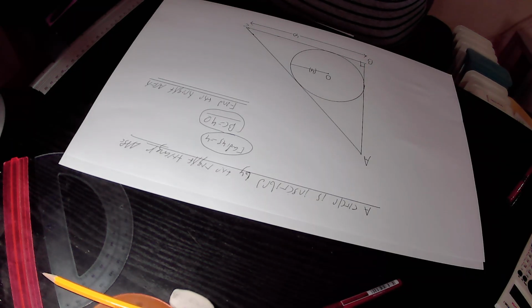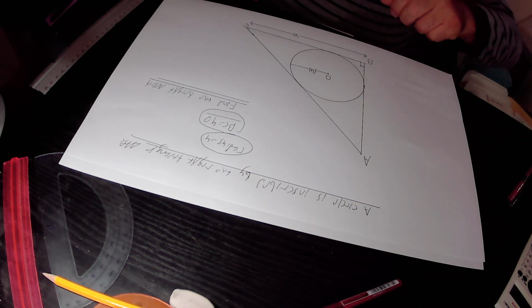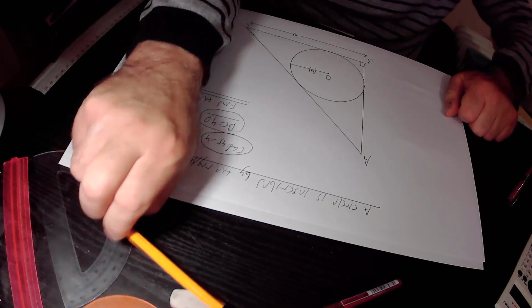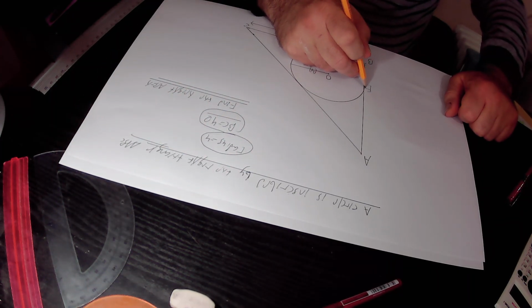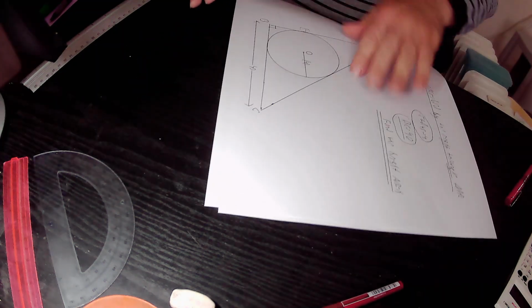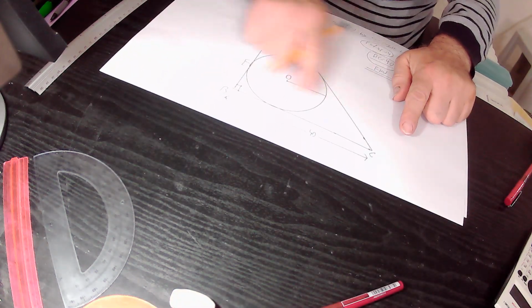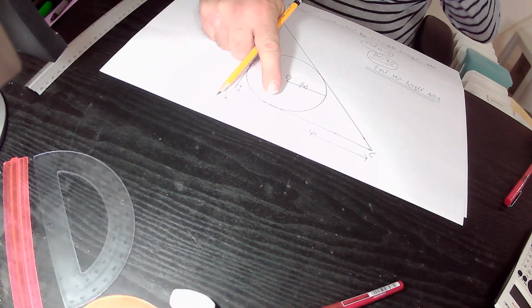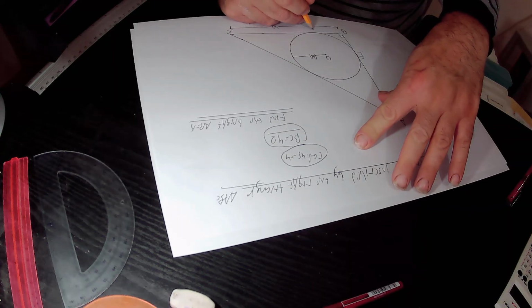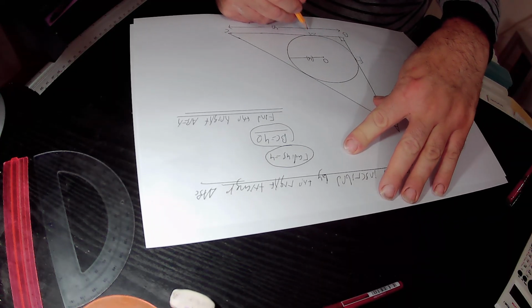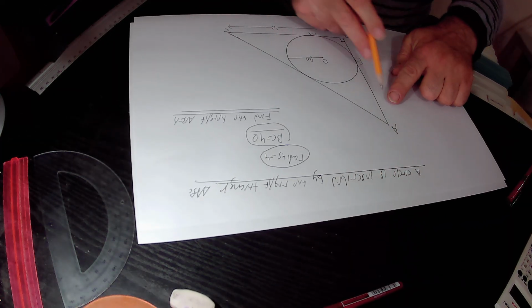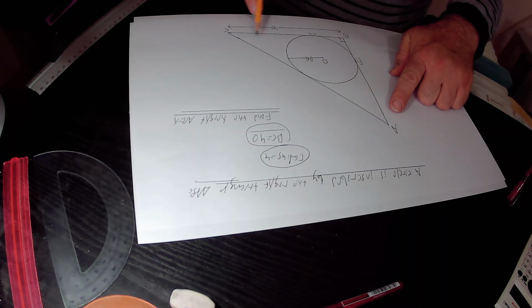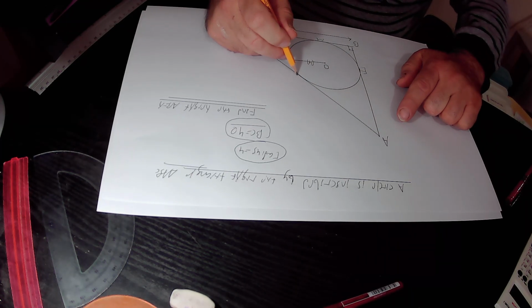This point is point E. We define the point of tangency of tangent BC with this circle. This point is point M. And finally, we define the point of tangency of tangent AC with this circle. This point is point F.